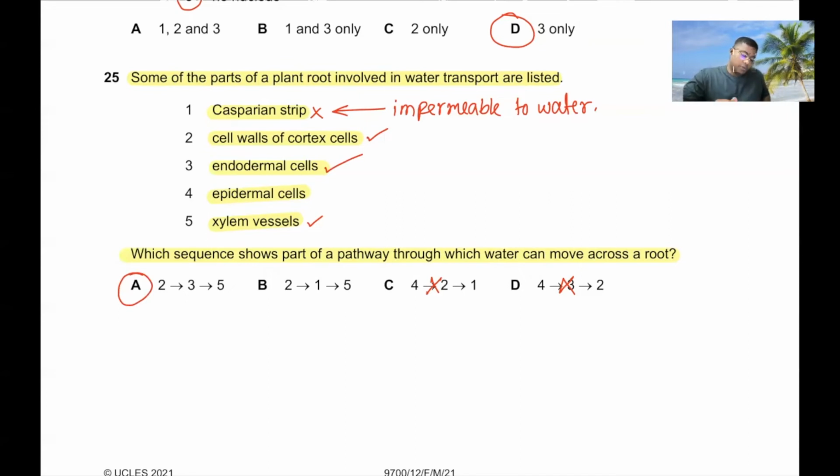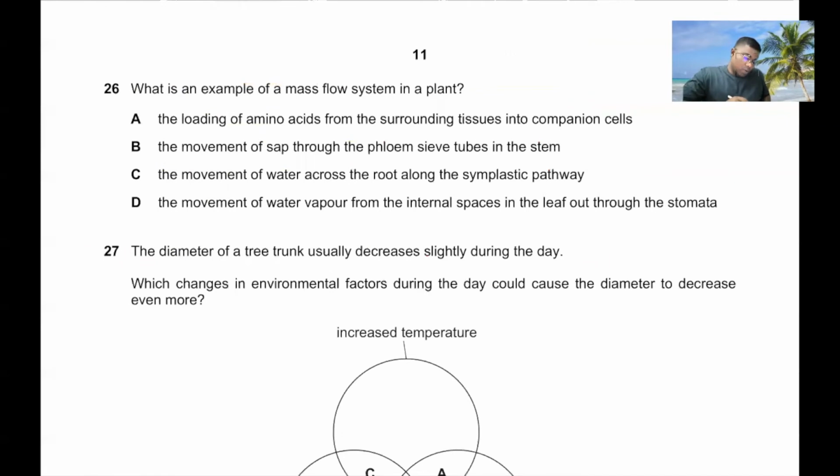All right, moving to question number 26. What is an example of a mass flow system in plant? Good question. The loading of amino acid from the surrounding tissue into the companion cell. Well, that's not a mass flow.